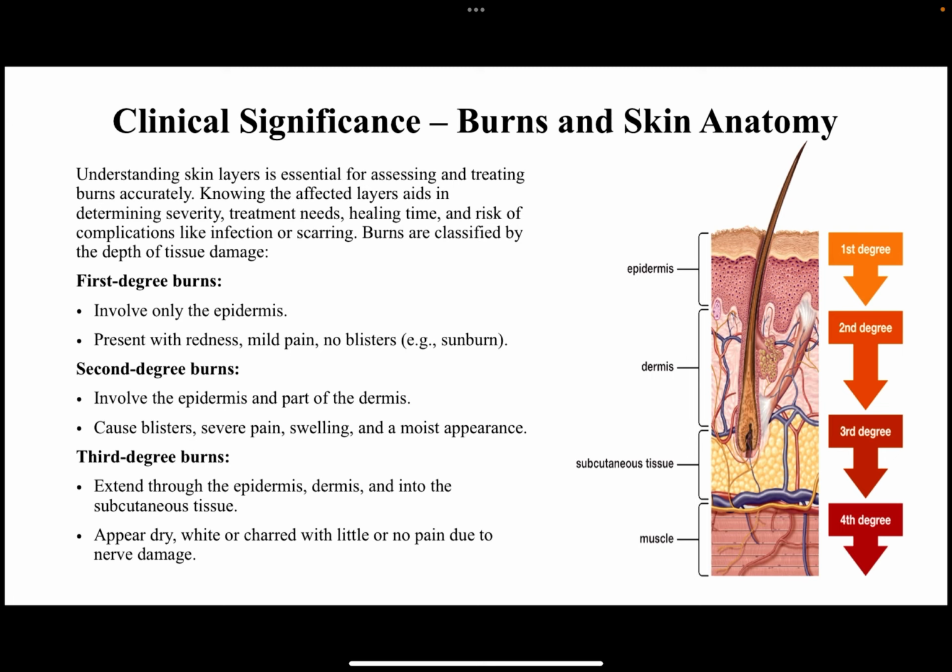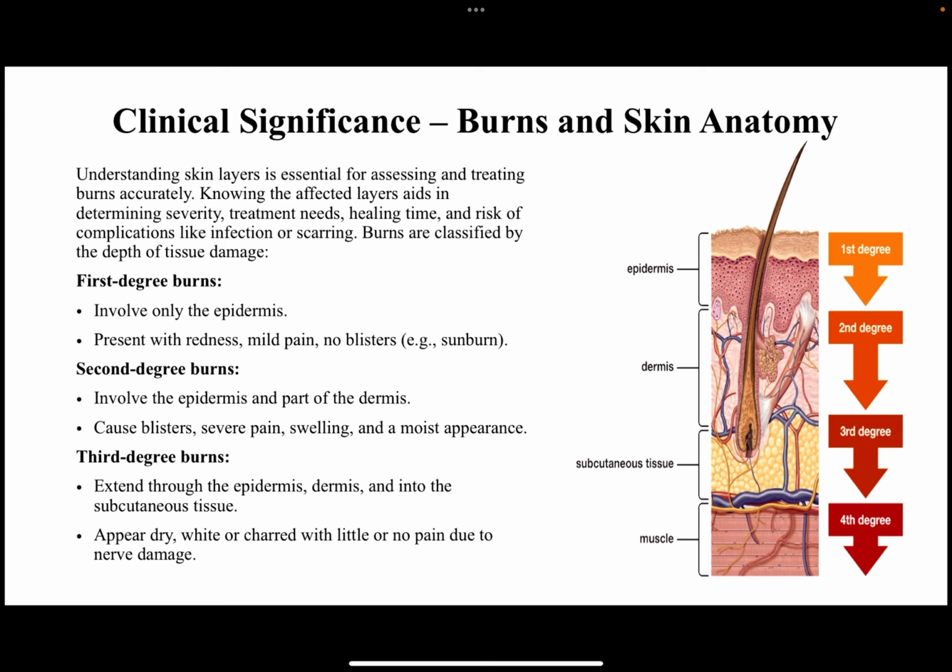For example, if someone is having a first degree burn, it just affects the first layer of the skin, which is the epidermis. You should know that a first degree burn does not affect blood vessels, because you don't have any blood vessels in the first layer of the skin, the epidermis.